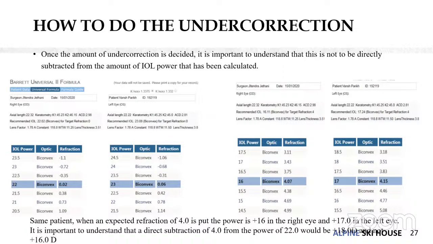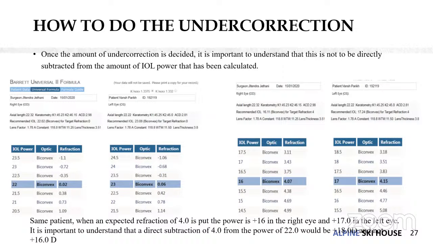But if you are just saying that there will be 10% under correction, that is 10% under correction of the IOL power only, not related to the hyperopia. So different formulae are there, and we have to choose which one we want to do. Generally we go ahead with the under correction of the IOL power.